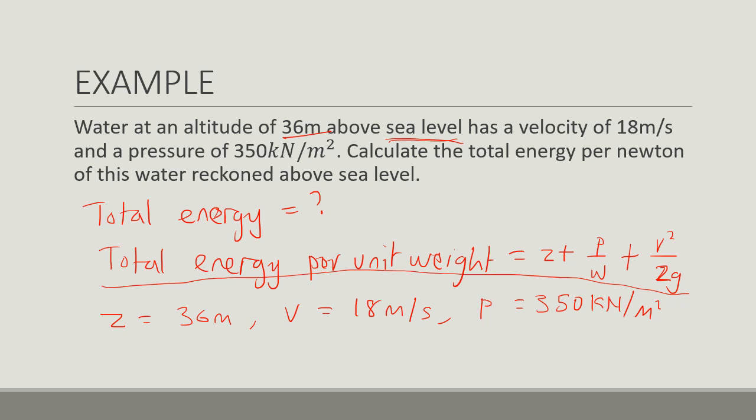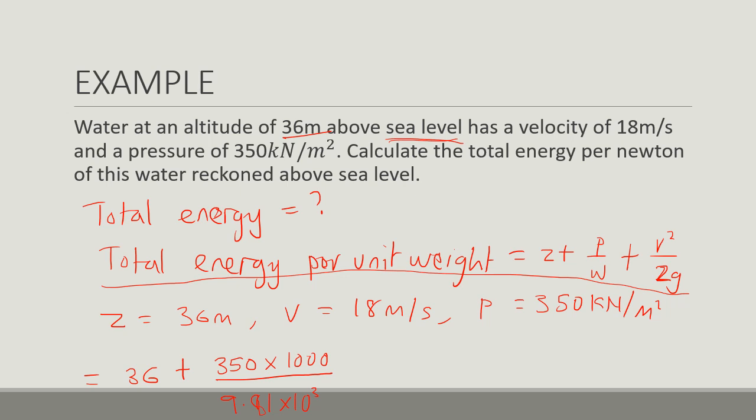So now the total energy per unit weight will be equal to Z, 36, plus P over W, which will be 350 times 1000 over W. And what is W? W is 9.81 times 10 raised to power 3.